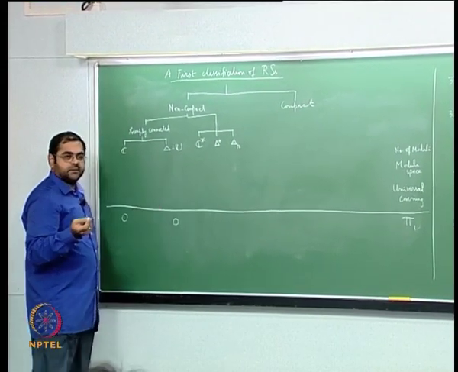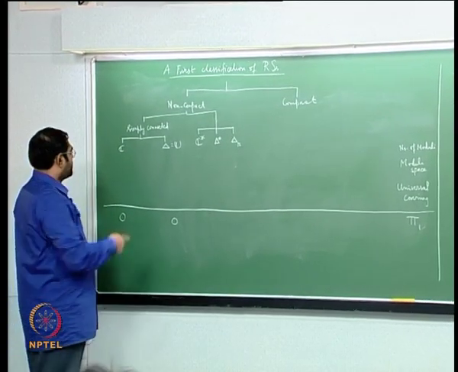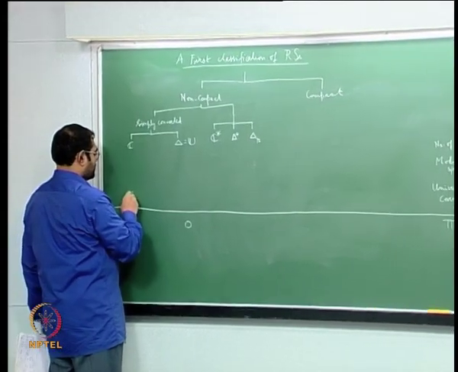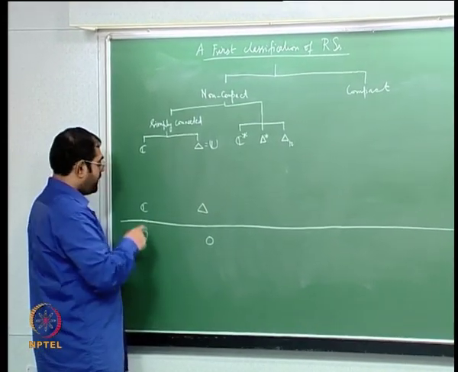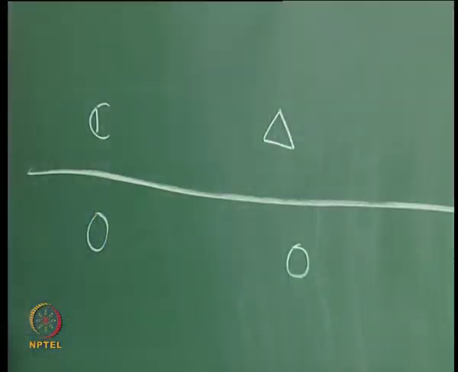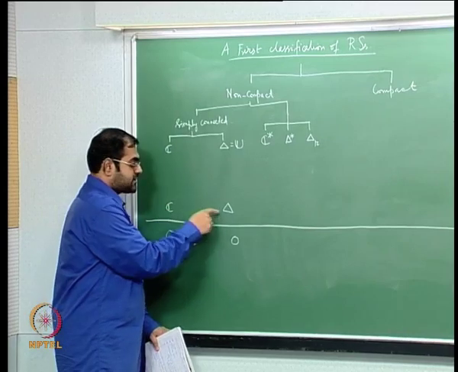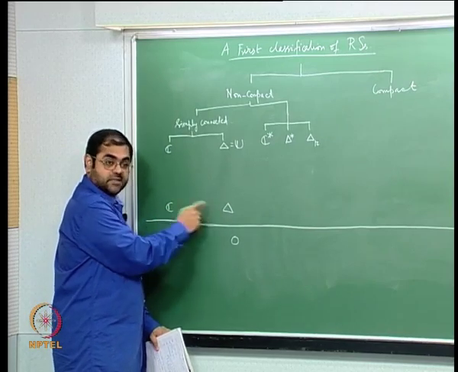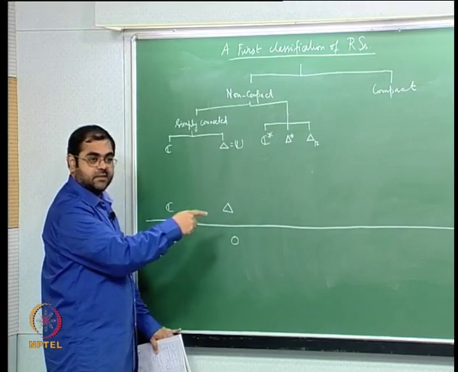So the universal coverings are themselves: the universal covering for C is just C, and the universal covering for delta has to be delta. Mind you, these two are homeomorphic, but as holomorphic universal coverings, they are not the same, because the holomorphic structures are different.